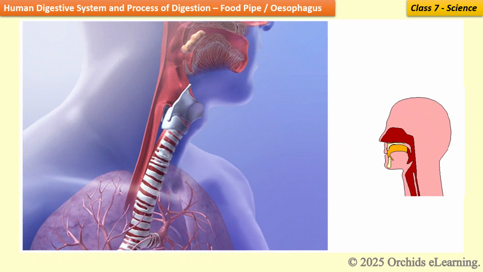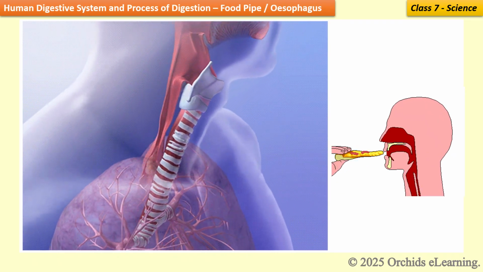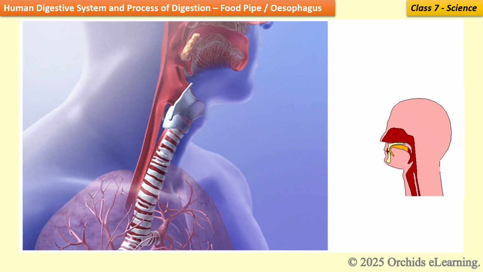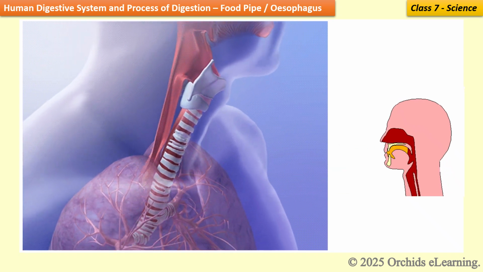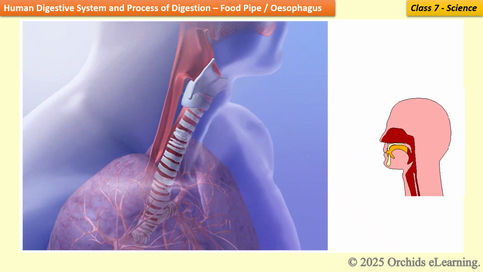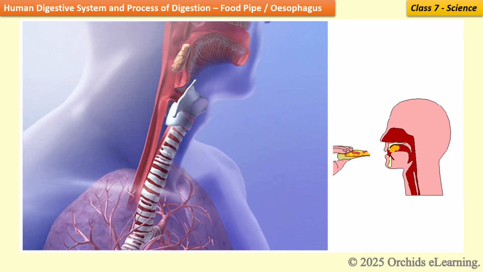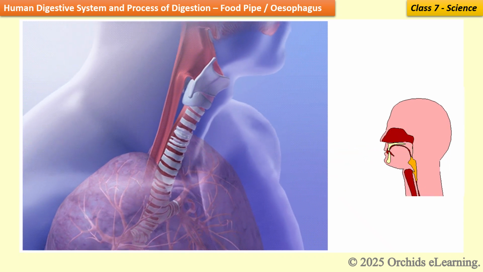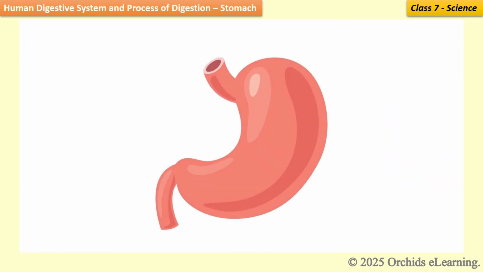Food pipe or esophagus. It is a tube-like structure that runs from the buccal cavity to the stomach. Food travels from mouth to stomach through the movement of the wall of the food pipe. The stomach is a J-shaped thick-walled bag.